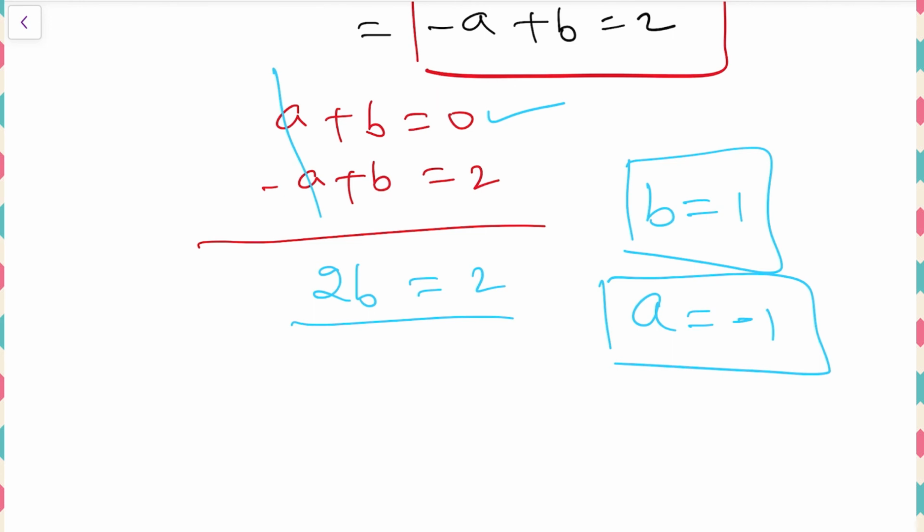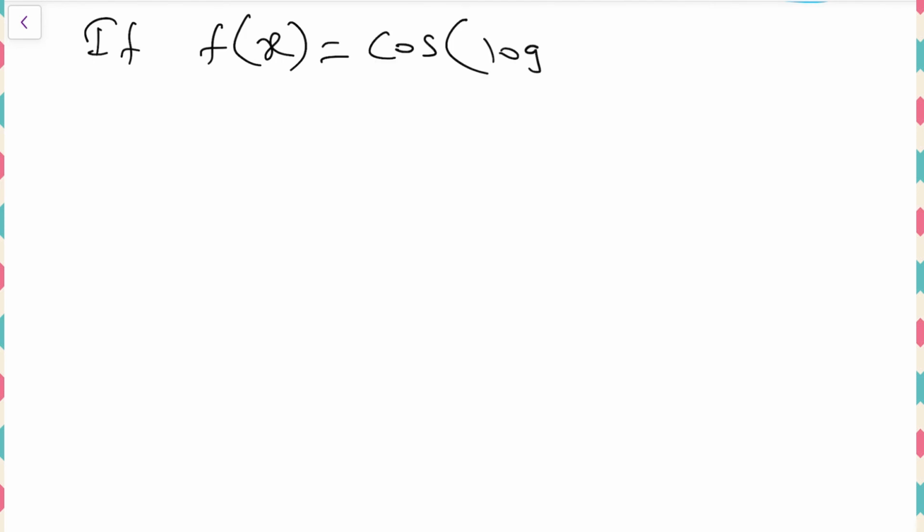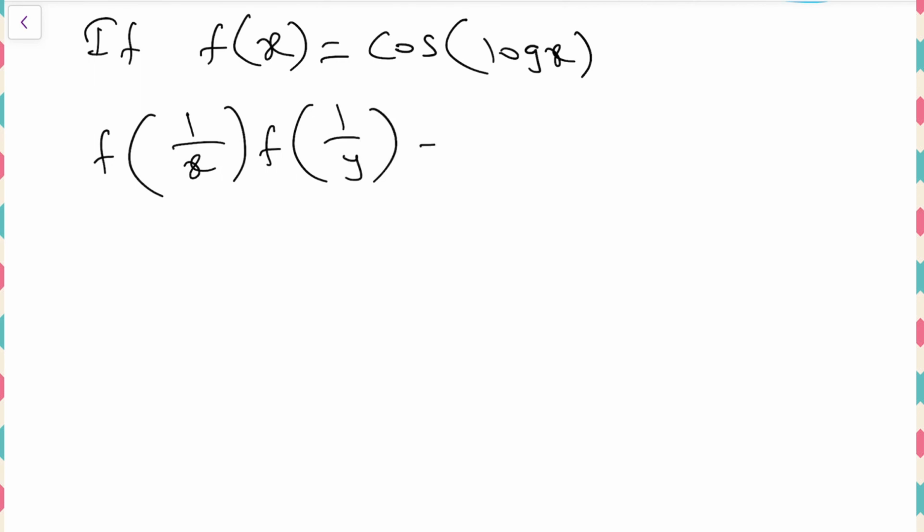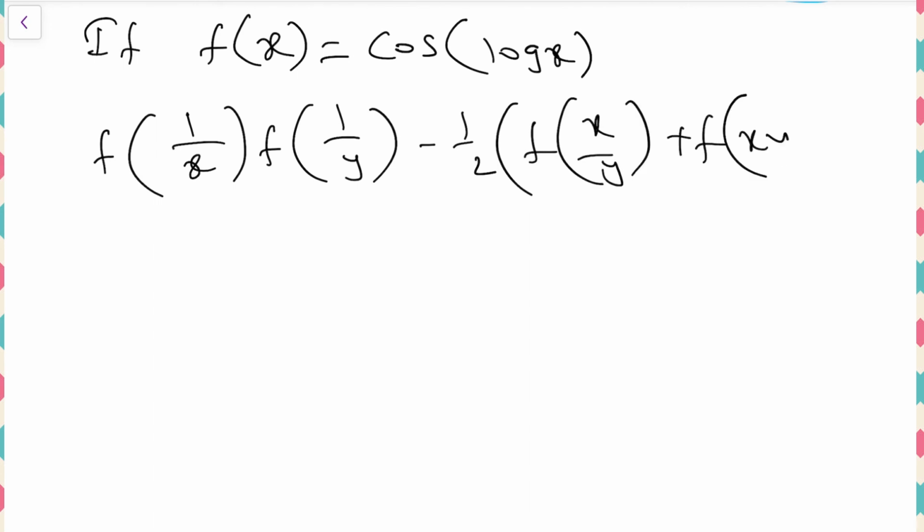Now let us check the last problem in this exercise, 1 of a. If f of x is equal to cos of log x, then show that f of 1 by x into f of 1 by y minus half into f of x by y plus f of xy is equal to 0.